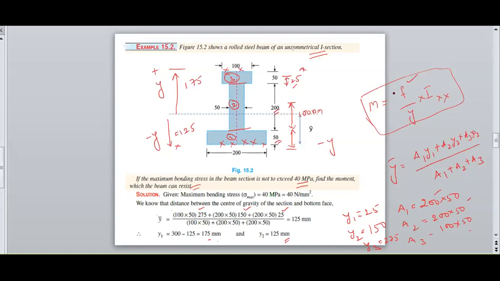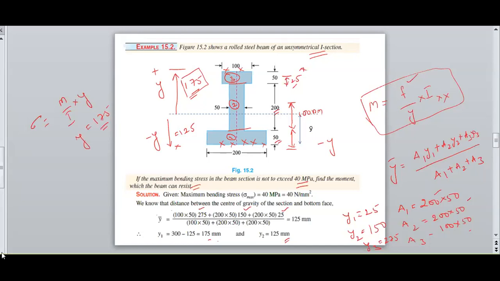Since the stress equation is M by I into y, I need to take the maximum value of y. Therefore, I am getting 175 as the maximum value, so I need to take y as 175.